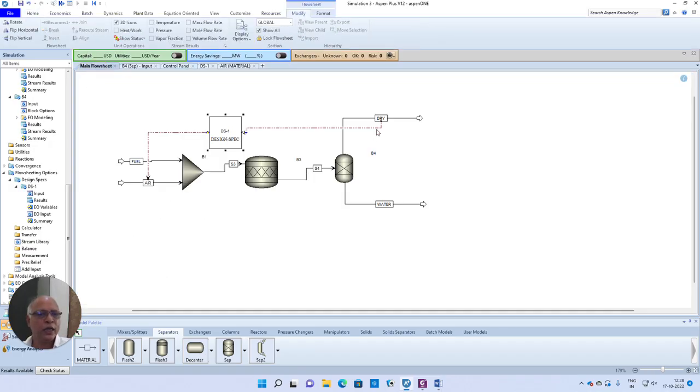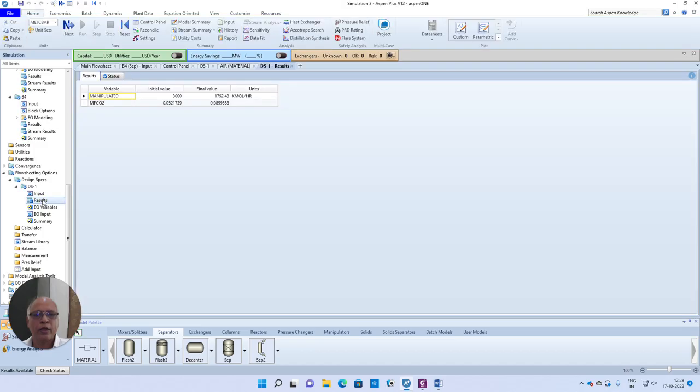Once again, you can see the measured variable is here, the manipulated variable is here, and all the 3 blocks are going to be iterated till you reach a convergent solution. Whatever blocks are involved between the measured variable and manipulated variable form an iterative loop in the case of a design specification. So when we started with 3000, we got a mole fraction of about 5.2%, which we have already seen. But when the flow rate becomes about 1792, the composition of the flue gas will be around 9%. So this is the air flow rate.